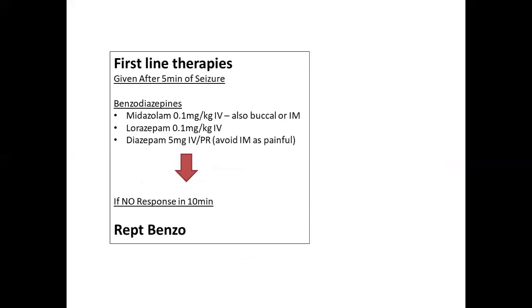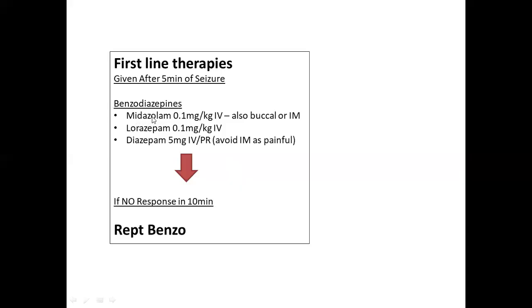So how do you treat the seizure? For the first 5 minutes, we are not going to do anything. After the first 5 minutes, we diagnose the patient as status. After that, we put in a cannula and give benzo. If the cannula is not available, we can give the initial medications IM also.